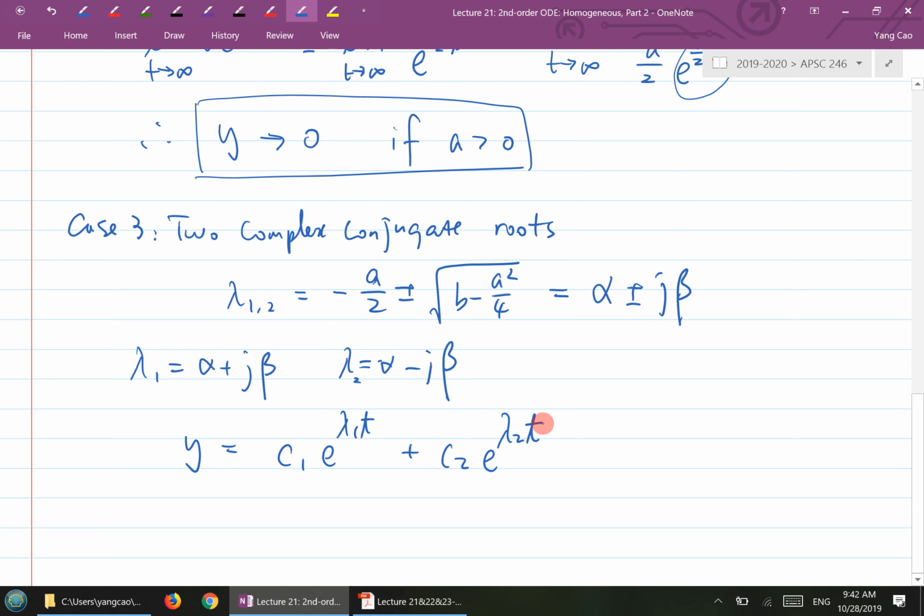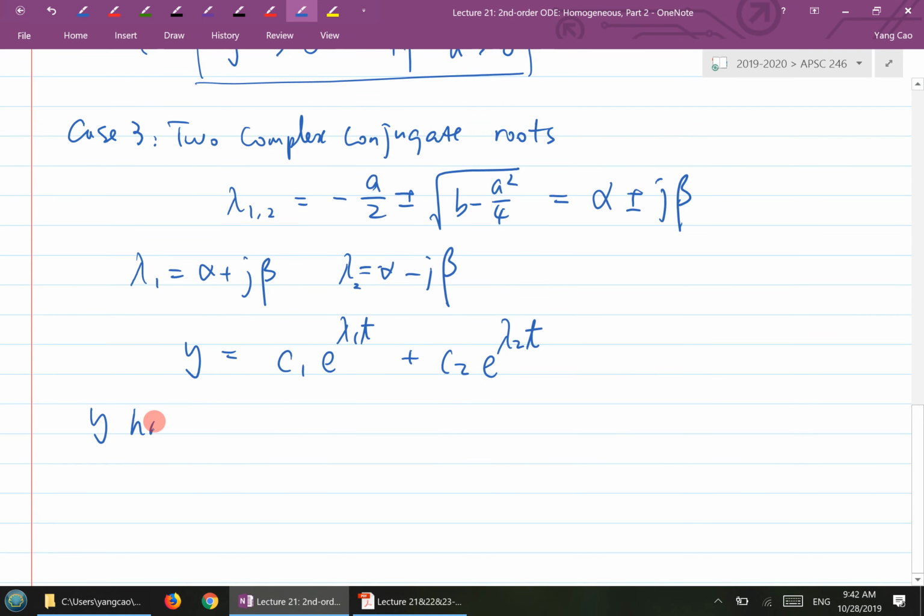However, as I pointed out in the previous lecture, when you form your general solution like this, and your lambda 1 and lambda 2 are complex numbers, but your y has to be a real function, that means c1 and c2 will not be real constants, and they will also be complex numbers.